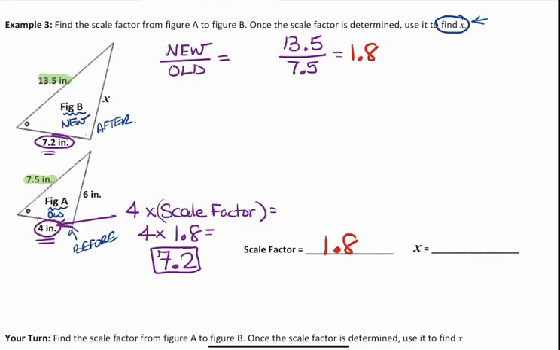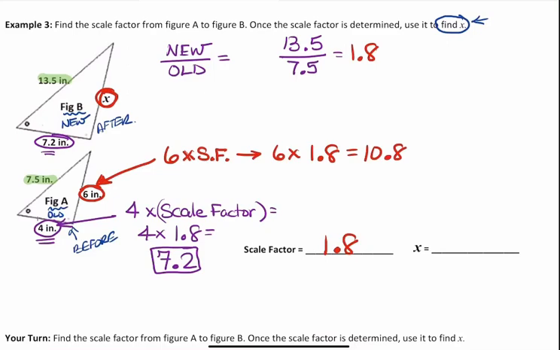So if we want to figure out what x is, we're going to take that corresponding side, 6, and we're going to multiply that by the scale factor, SF. So 6 times 1.8. When I do that on my calculator, I get 10.8. So that ended up being 10.8 inches.